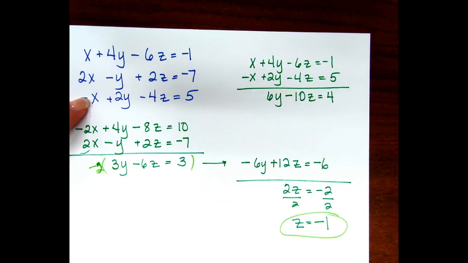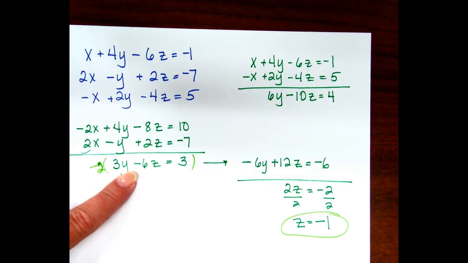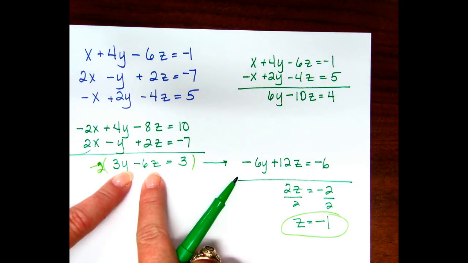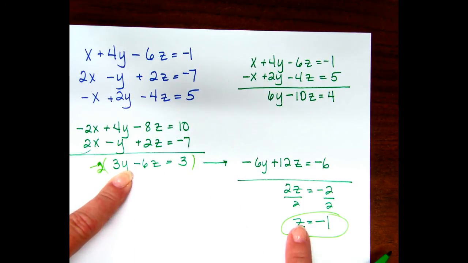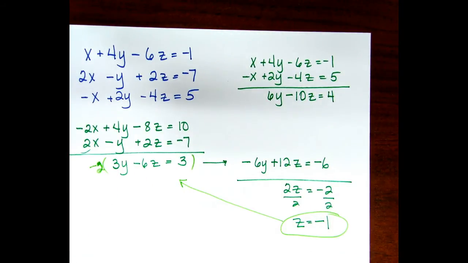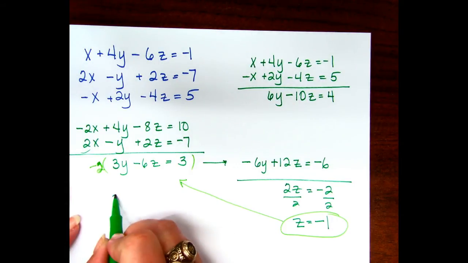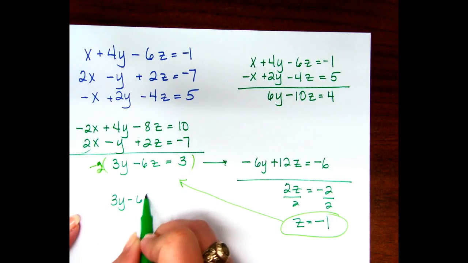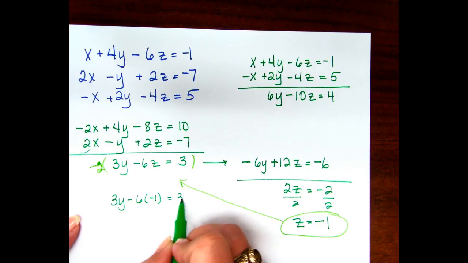Like up here? Oh, we could use this bottom one, couldn't we? Isn't this already just y and z? And if I plug in z, what am I going to find? Y. So I'm going to take this z and put it right there. Okay? So I have 3y minus 6 times negative 1 equals 3.